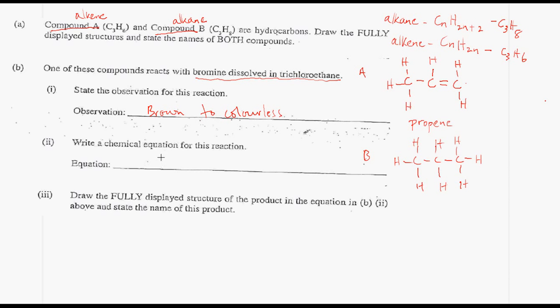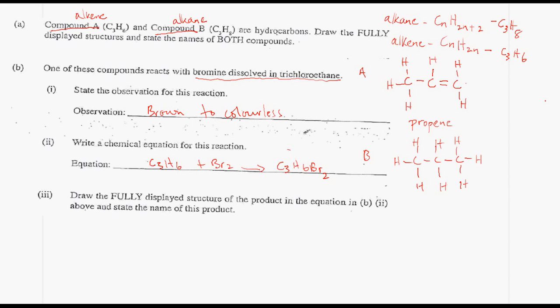And the question asks for an equation, so we start off with C3H6 plus Br2, and this gives us C3H6Br2. And the last part asks for the fully displayed structure of the product.